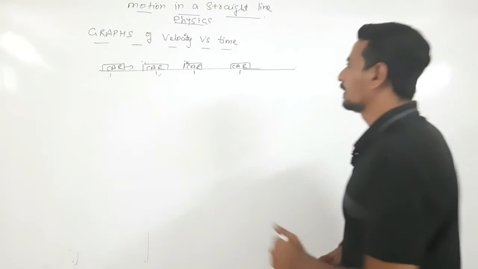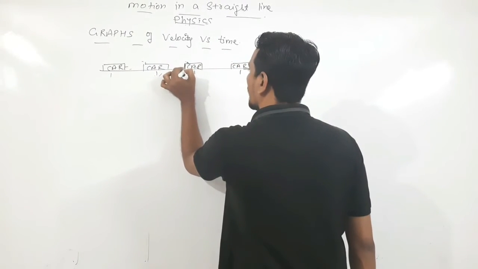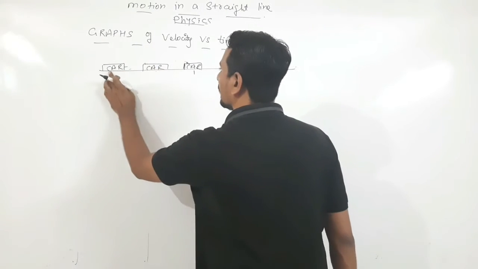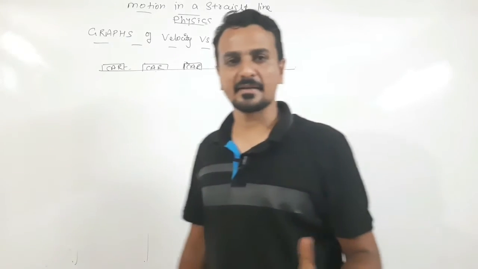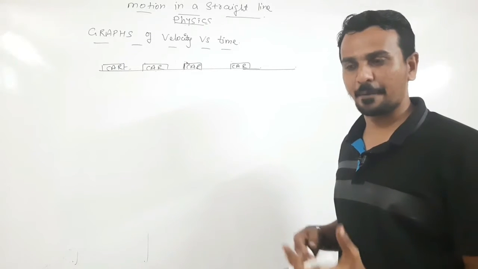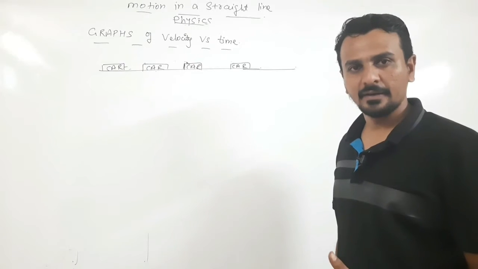Suppose that now the car is performing retarding motion. That means, let us assume that the driver of the car is applying brakes. So when the driver applies the brakes, definitely the velocity of the car goes on decreasing, right?